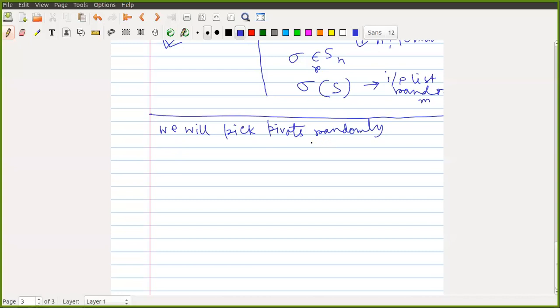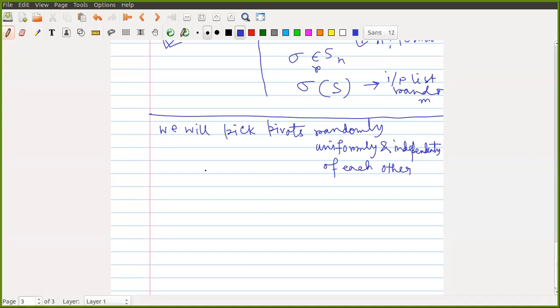Randomly is kind of a vague word, so basically we will choose pivots uniformly and independently of each other. Choosing independent pivots simplifies our analysis. There is no dependency between these pivots, and choosing them independently helps us with the ease of analysis.